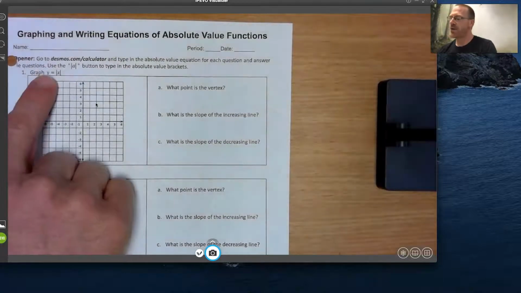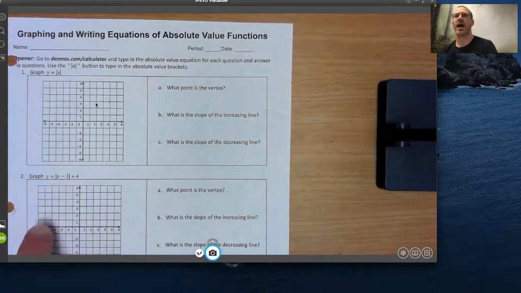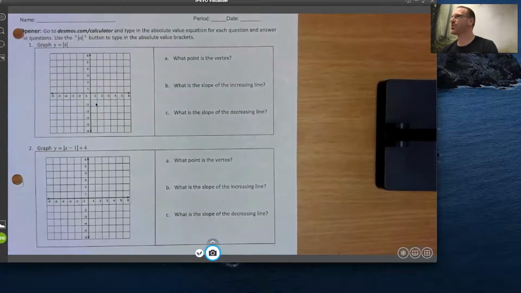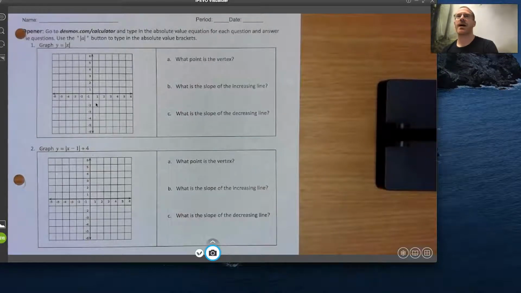So graph this, answer your questions, and once again, I think it's great for you to sketch a quick graph on this. That way, if you're going back through your notes and you're studying, you have those there in front of you. So go ahead, pause the video and go through this exploration. It shouldn't take you too terribly long. Flip that video back on, and we'll see how you did.